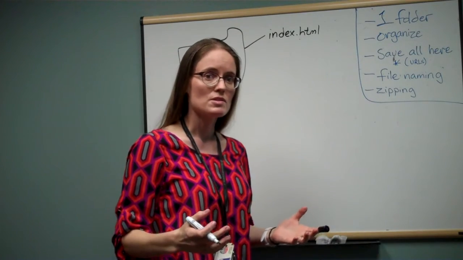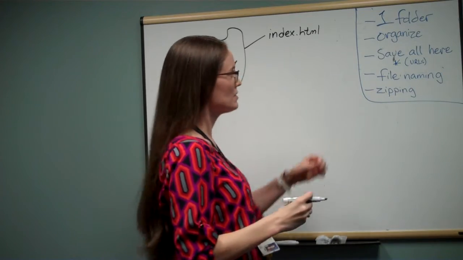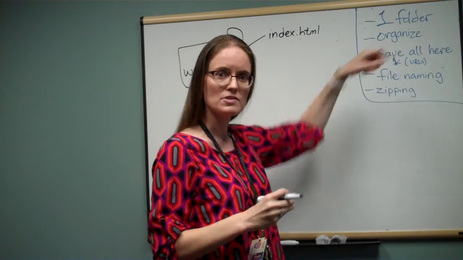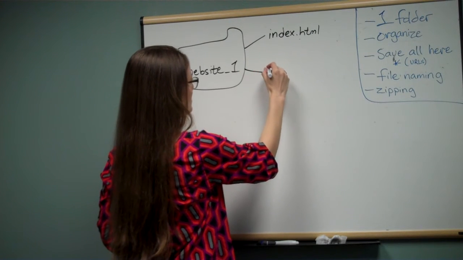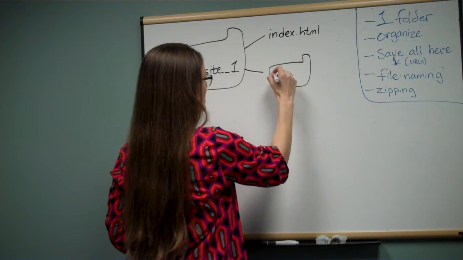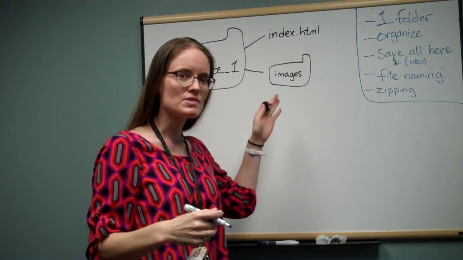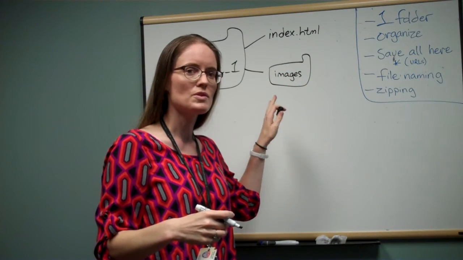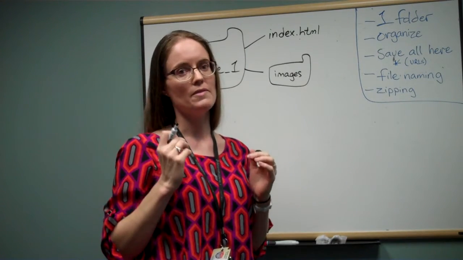Because you might have some images that you want to put on your website, maybe you decide in the beginning to get a little organized. So you want to have a subfolder maybe called images or something like that. But whatever you decide, whatever order you think your website needs to have, think that through in the very beginning.